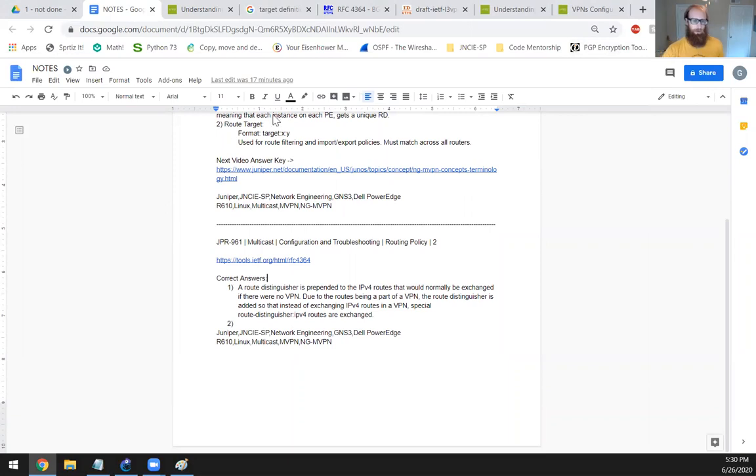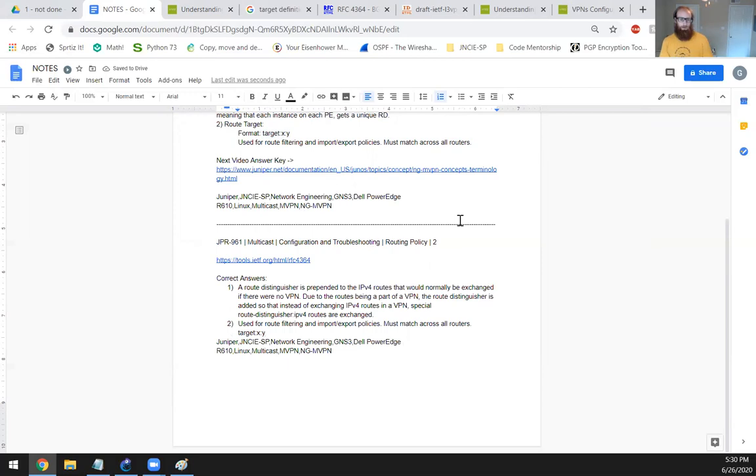So this is the correct answer: used for filtering and policies. Okay, so this one I got correct. All right, let's keep doing the reading.